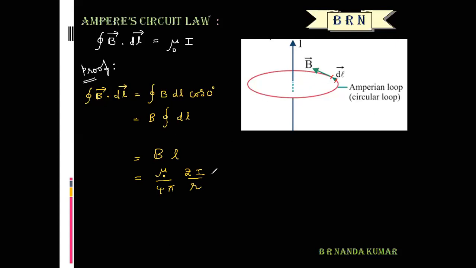Into L, the total length of the loop, that is 2 pi r, the circumference.